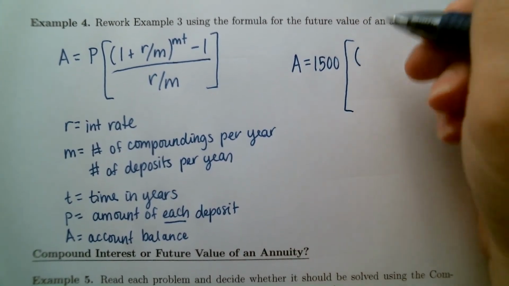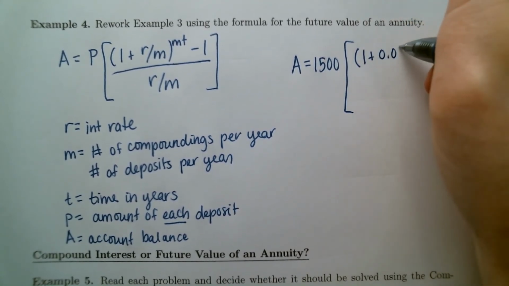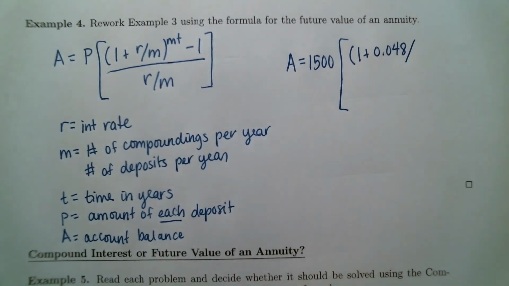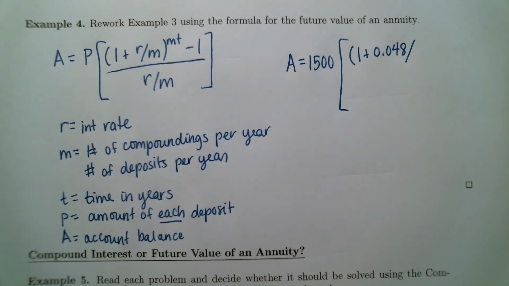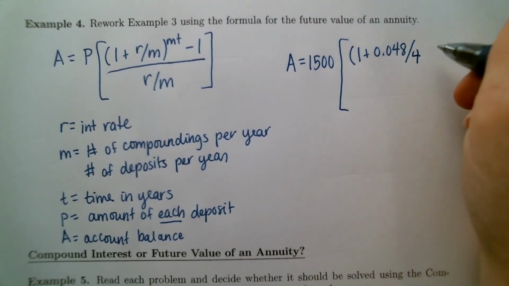Inside the brackets in the numerator, you're going to have 1 plus the R value, the interest rate as a decimal, divided by M. Remember, everything was done quarterly here. Every quarter you tacked on the interest from the previous quarter, and you also added a new deposit. You made another deposit. So everything was quarterly here.